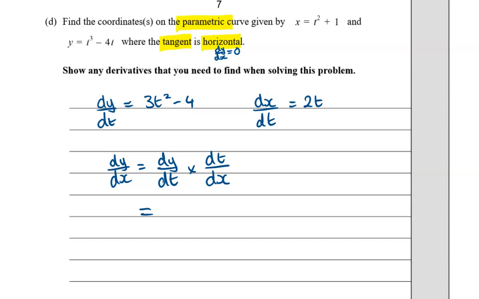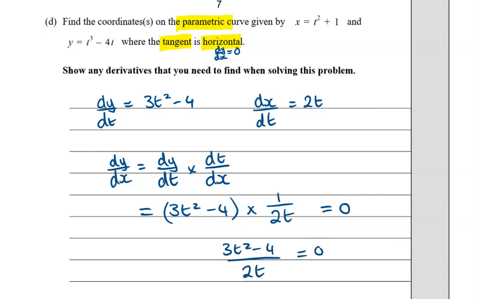So we put the dy by dt simply as it is, and then multiply it by dt by dx, which means we've got to flip the dx by dt, so that'd be 1 over 2t. And in the question, we want to know where the tangent is horizontal, so we set this equal to 0. So we've got 3t squared minus 4 over 2t equals 0.